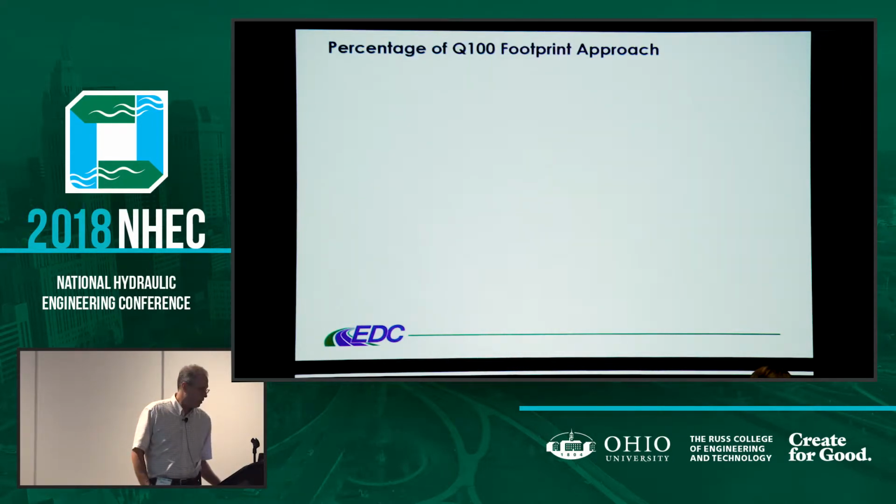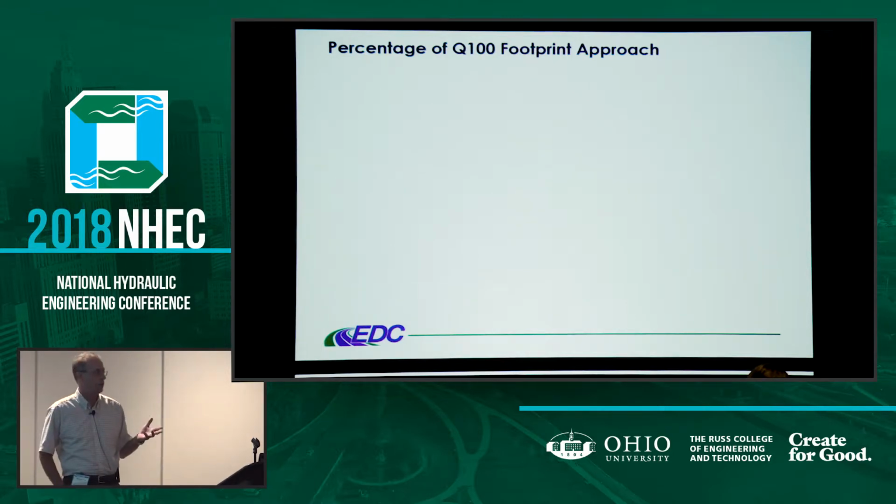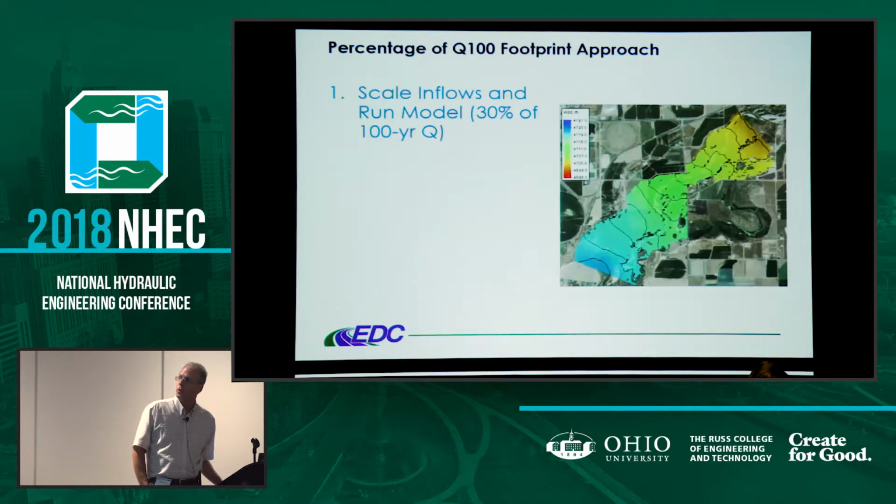Now, the third approach says, well, why don't we look at what's naturally there? Let's take the Q100 or some percentage of the Q100 and see what gets naturally wet. Those wet areas should be the logical locations for a floodway.